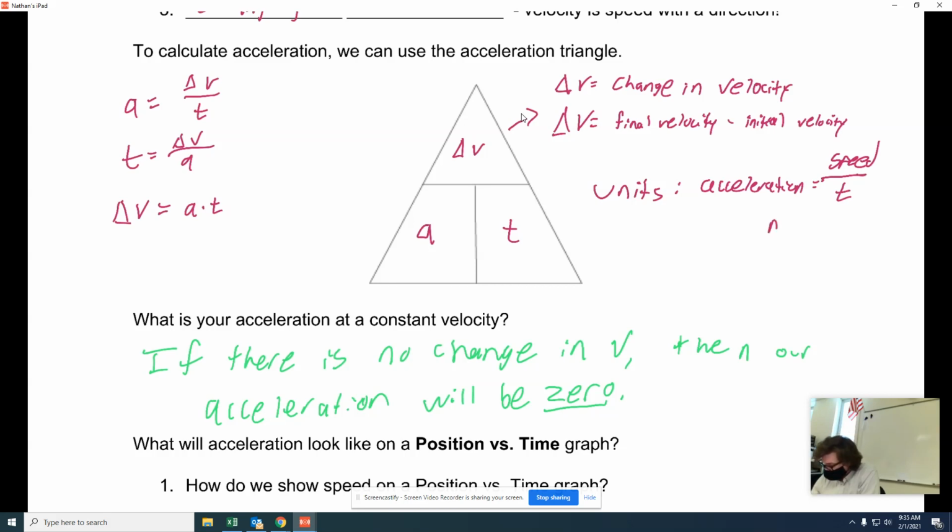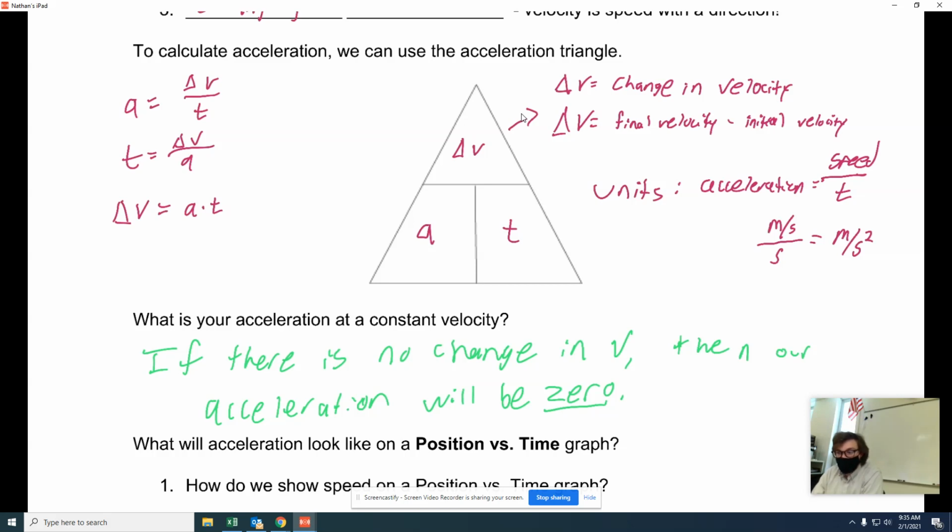So the units that we use for speed will then be divided by the units that we use for time. So when we talk about acceleration, the most common unit that's going to show up is meters per second, or you could call this meters per second squared.